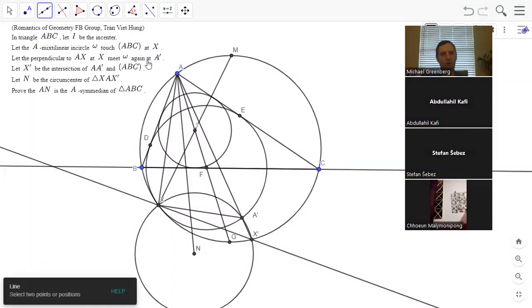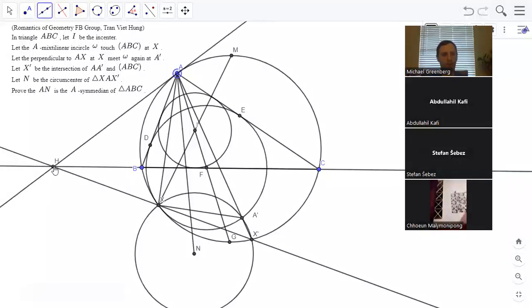So if we showed that they are concurrent, then by poles and polars, that would show that AN is a C-median.